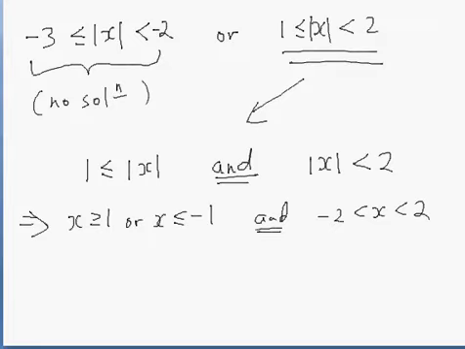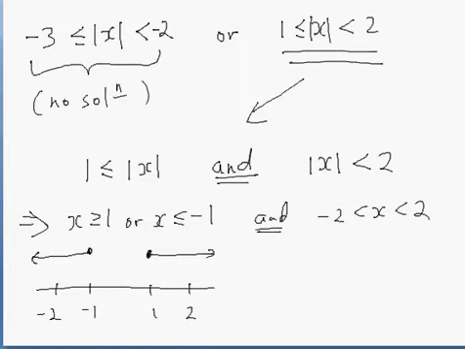So just draw a number line: -2, -1, 1, 2. From here, our x greater than or equal to 1 or x less than or equal to -1, so here and here. The second solution set is in between -2 and 2, so it will be here and here. The last thing we do is take the intersection.